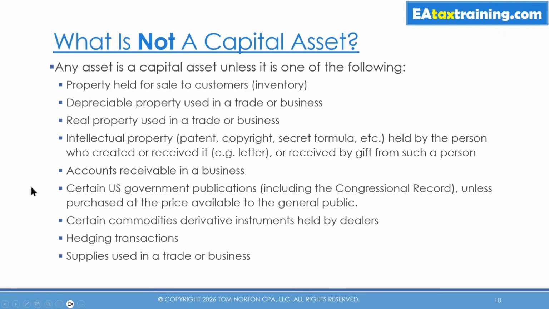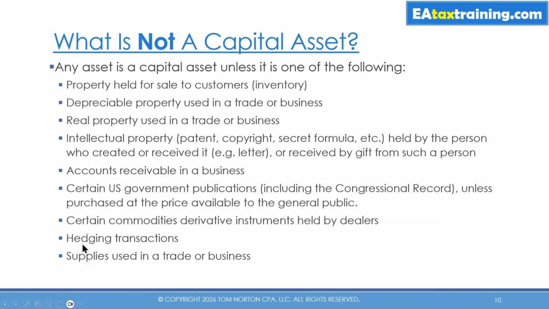Next on the list are certain commodities derivative instruments that are held by dealers. So dealers, as we will discuss later, are sort of merchants in the investment world. So they buy investments in order to resell those to customers. So it's kind of like inventory. So these commodities derivative instruments, when they are held by dealers, they are not capital assets. Next are hedging transactions.